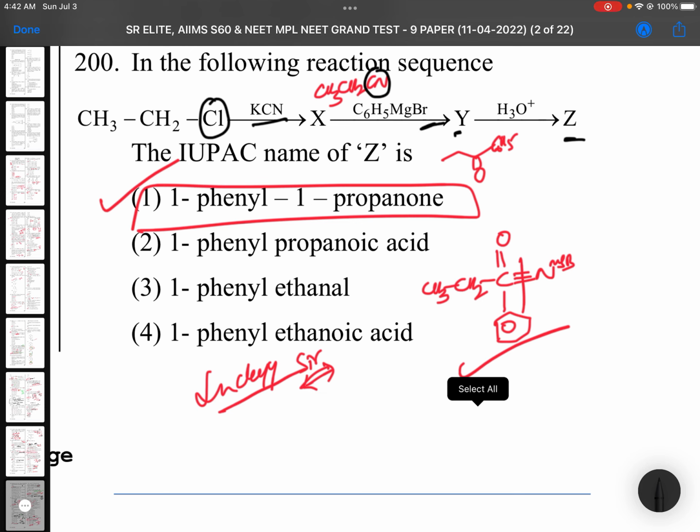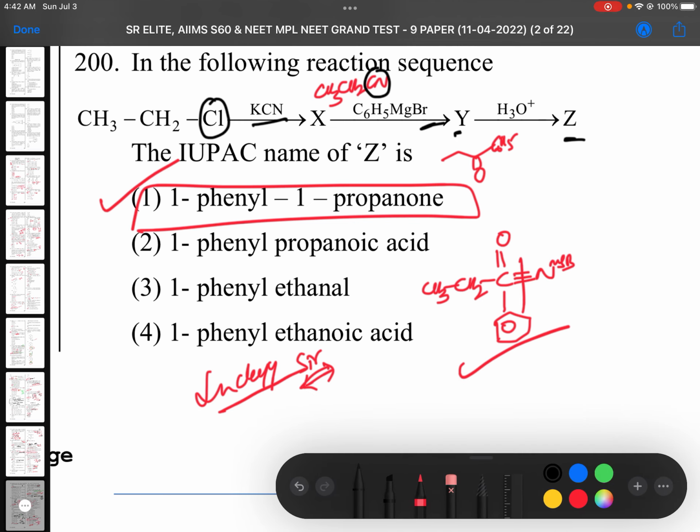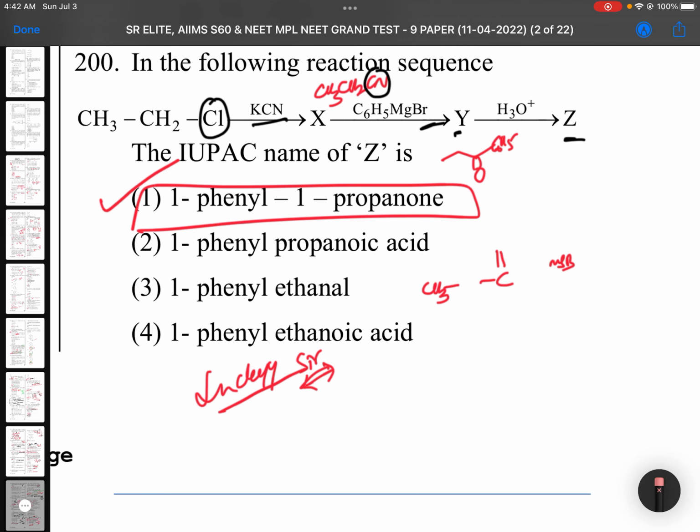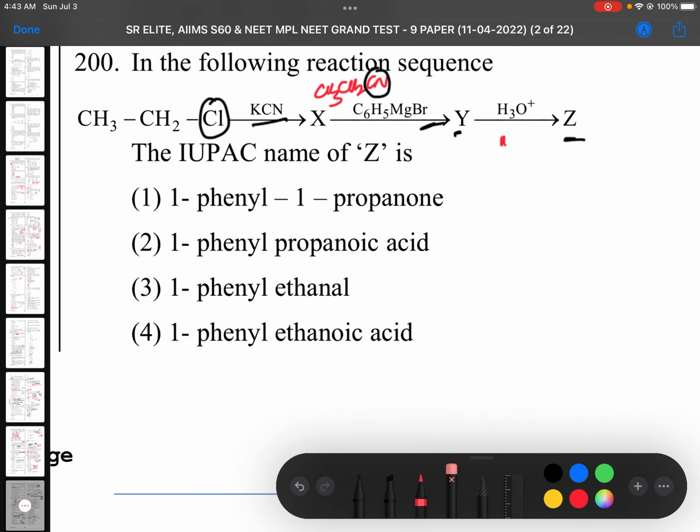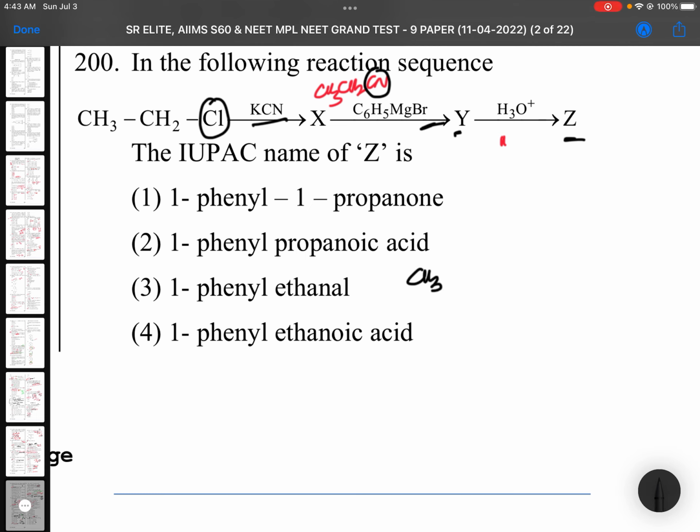Okay, Grignard reagent when treated with, not Stephen, sorry. It is not Stephen. I will give you 1 second. First step is like this. CH3, CH2, C triple bond N.